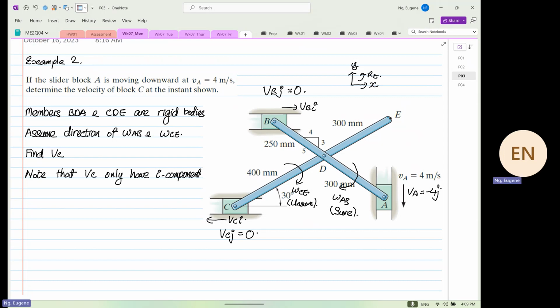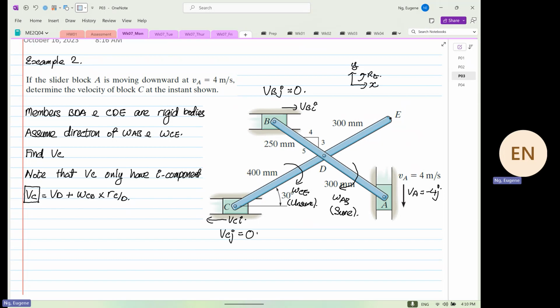So let's look at VC first. You can form the equation from VC or from VA, it is up to you. So I'm going to form the equation from VC first. So VC is equal to VD plus omega CD cross R C from point D. VC is what we want to determine.